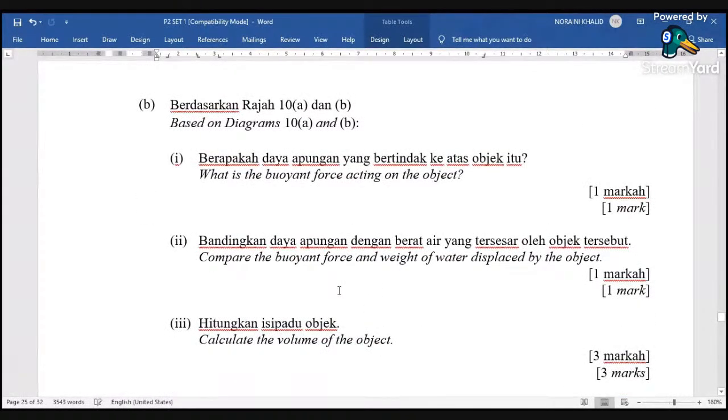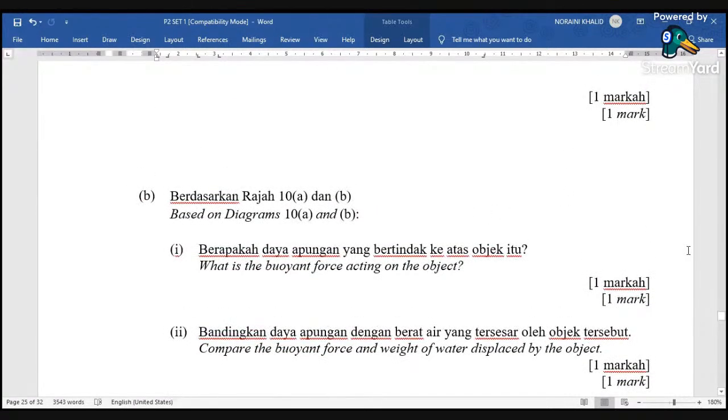Based on diagram 10.1 A and B, what is the buoyant force acting on the object? Object hanging in air, the reading of the spring balance is T1.